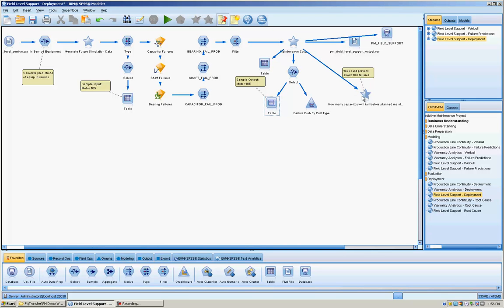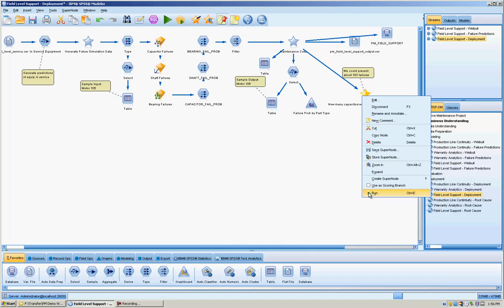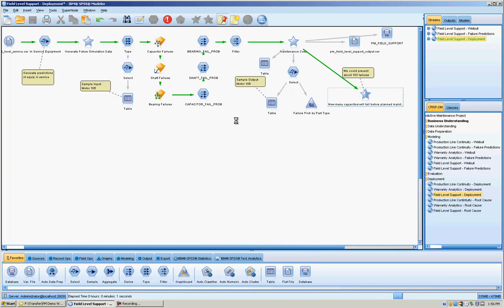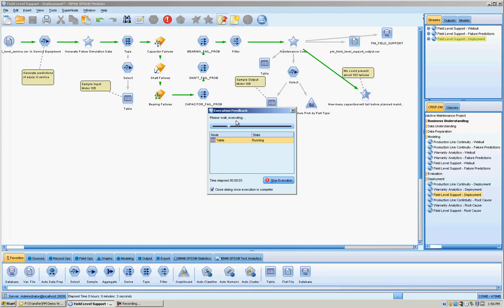We can also look at how many failures we would prevent if we did predictive maintenance, if we use the models to help us understand what the reliability is, and used a maintenance schedule that matched that reliability estimation.